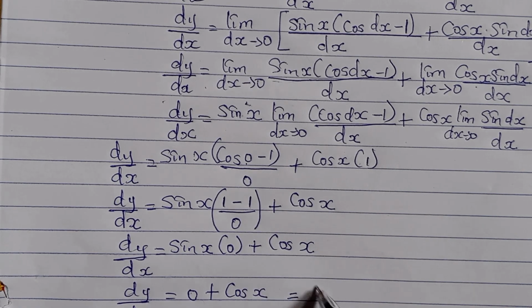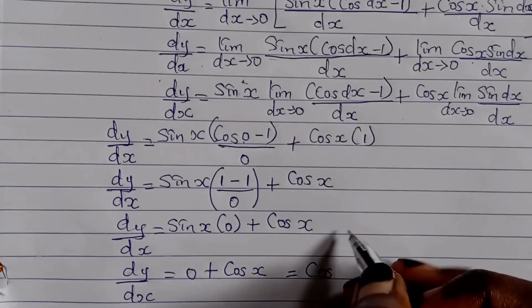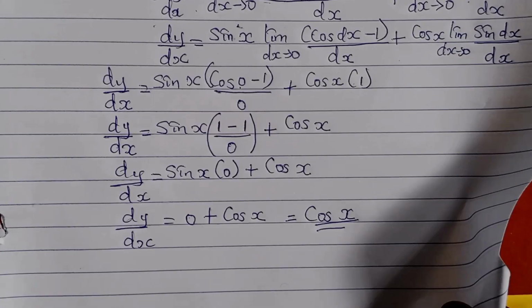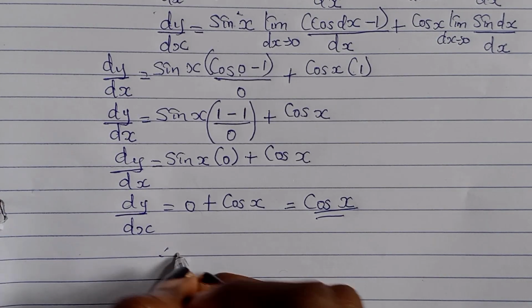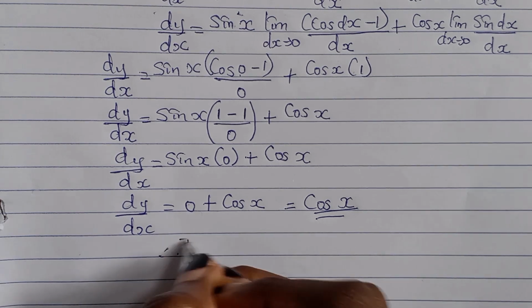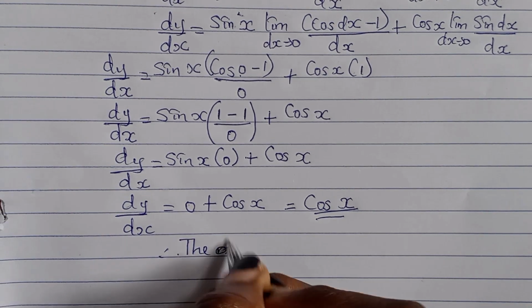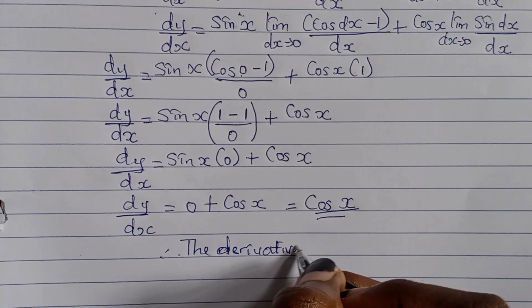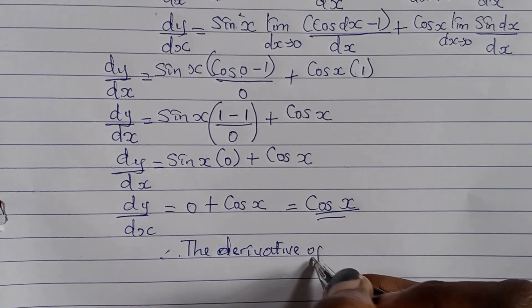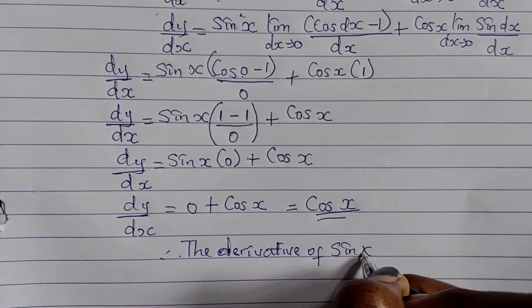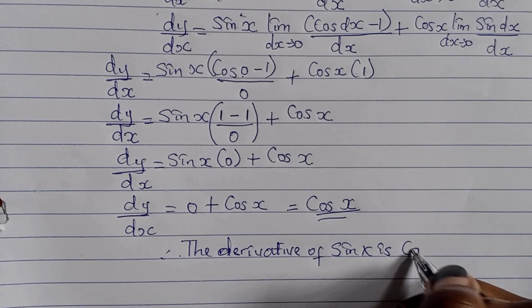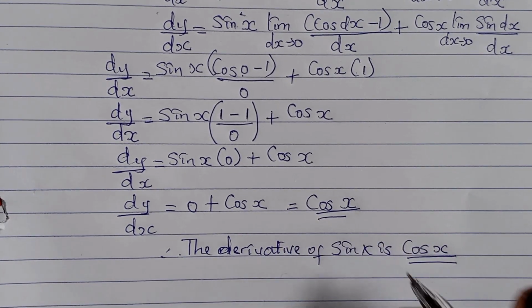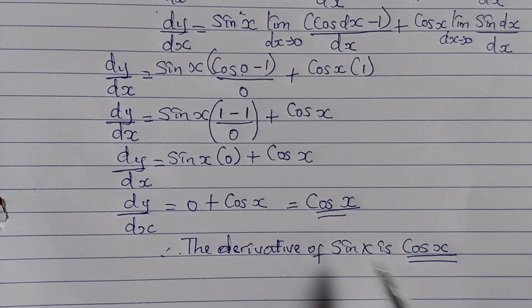That will now give us our final answer as cos x. Therefore, we have it that the derivative of sine x is cos x. So we got our answer as cos x.